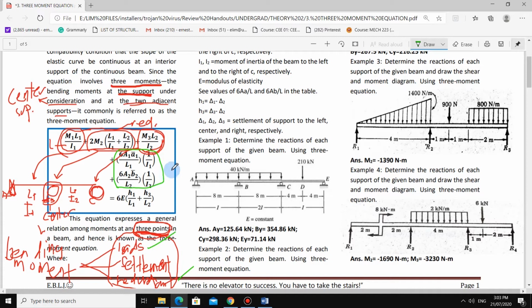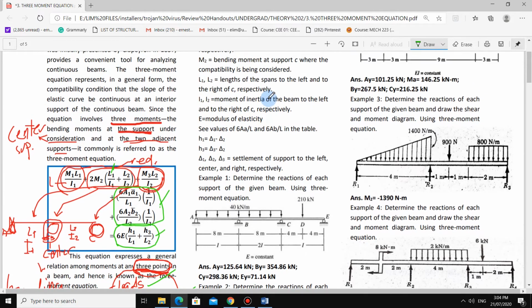I will explain that later, guys. Then how about the settlement? The settlement is this, the term on the right side, which is on the equal side. So the due to loads plus due to redundant is equal to due to settlement. So that is the 3-moment equation.